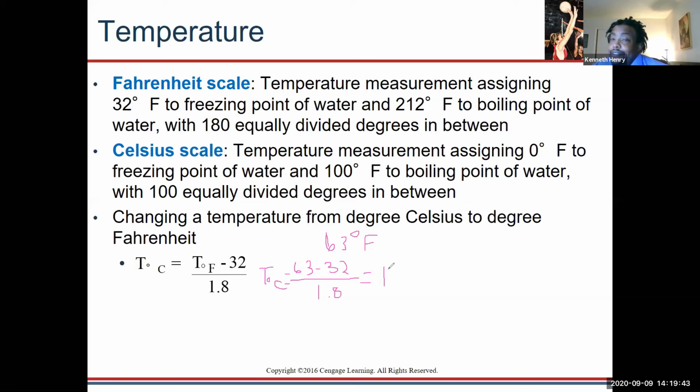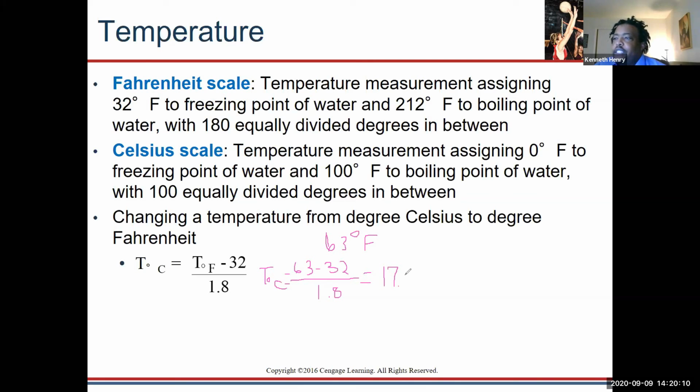Are you sure? Because 63 minus 32, isn't that like 31 divided by 1.8? 17.222.